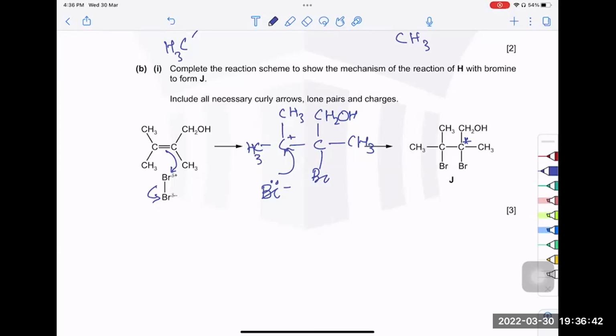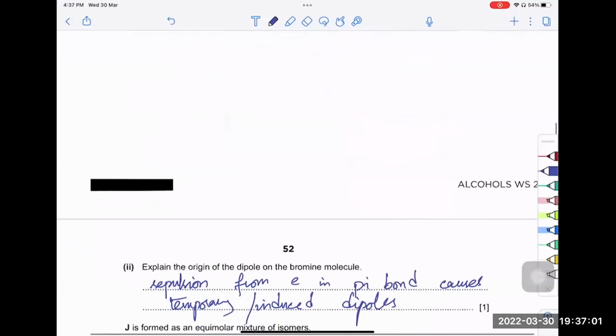The other one is not, because it's attached to two methyls, and it is obviously not because it has hydrogen. Sorry, that's not carboxylic, that's alcohol. But still, it has CH2, so those two hydrogens are not going to make it chiral. But this one is chiral. So let me just put that there.